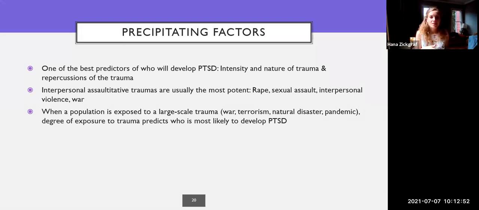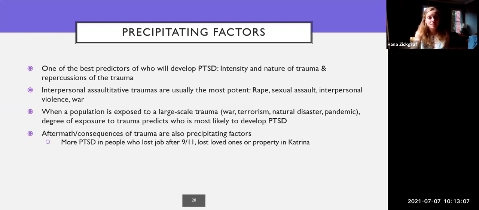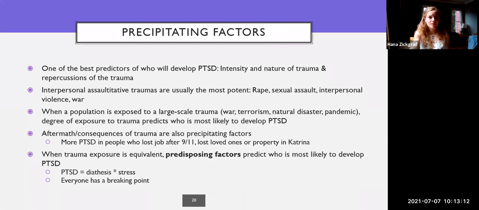As we saw with Hurricane Katrina and with 9/11, when a whole population of people is exposed to the same large-scale trauma, degree of exposure to that trauma, so how much the trauma affected someone's life and livelihood, is predictive of how likely they are to develop PTSD, as is the longer-term consequences of the trauma.